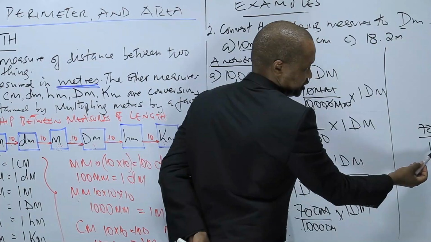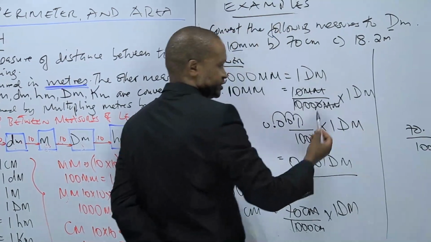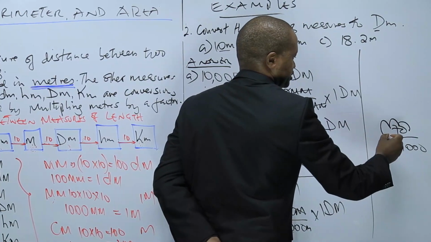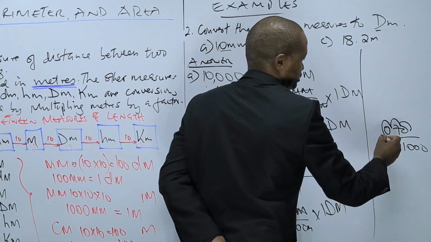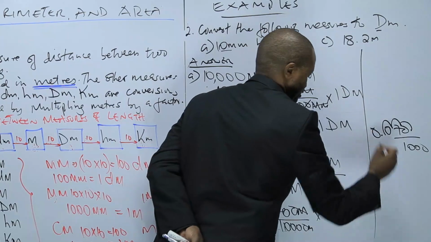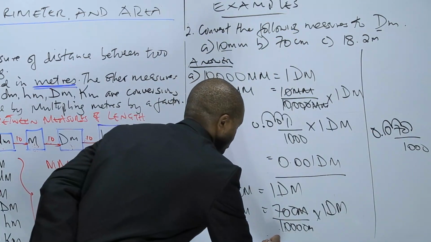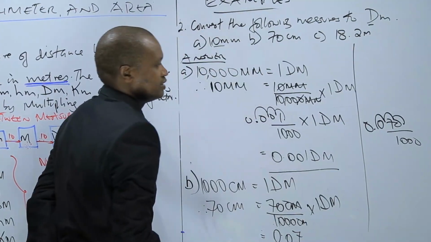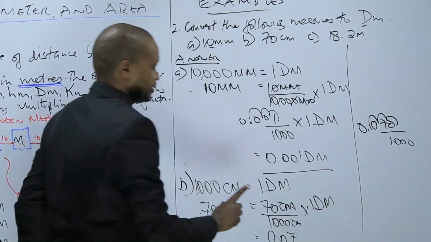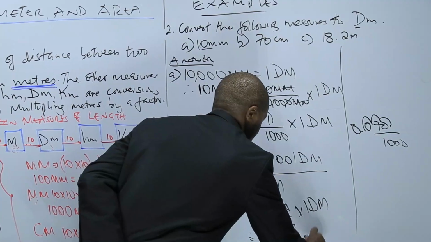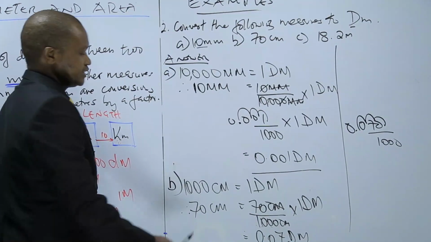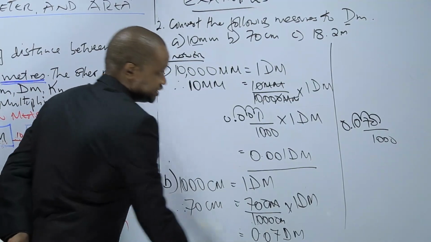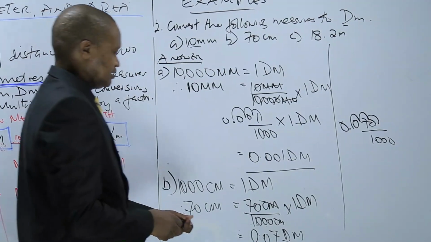So we are moving it how many times? 3 times to the left. So we have 1, 2, 3, a 0 there, and the decimal here. So the answer is 0.070 decameters. So 70 centimeters is equal to 0.07 decameters.